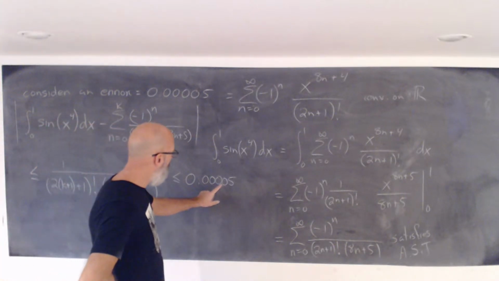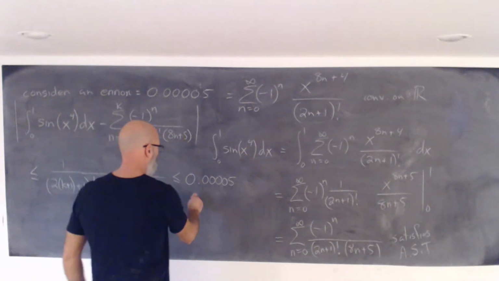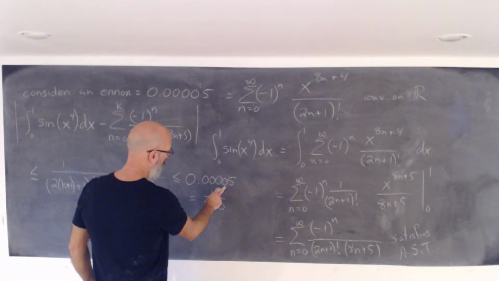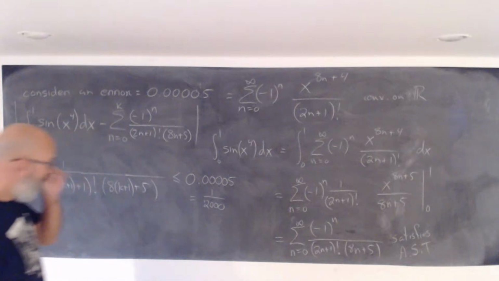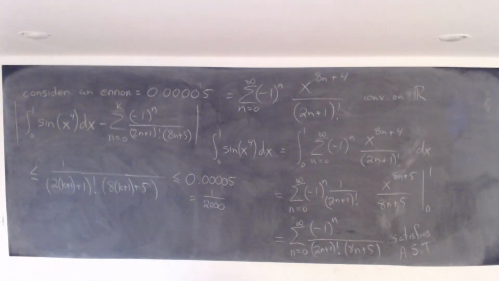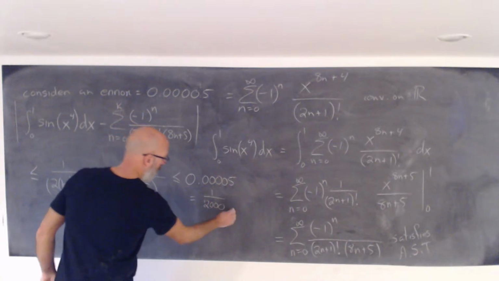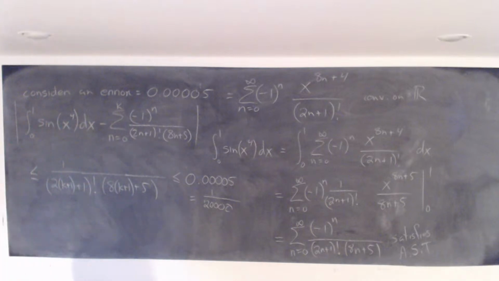So 10, 100,000, this is 1 over 20,000. And let's try something. If k is 4, what happens?